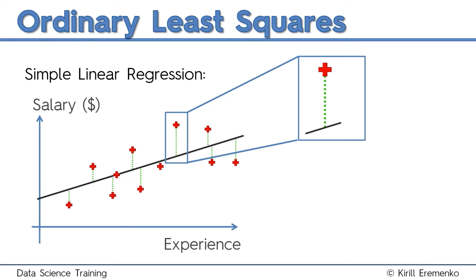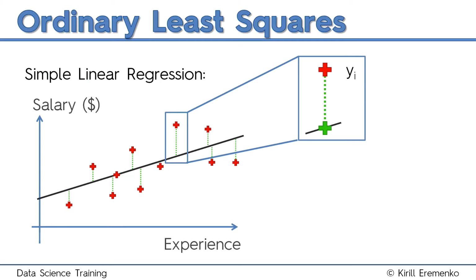Well, the model line, the black line at the bottom, tells us where that person should be sitting according to the model in terms of salary. And according to the model, it should be a bit lower. It should be somewhere where that green cross is, which is about, let's say, $80,000.